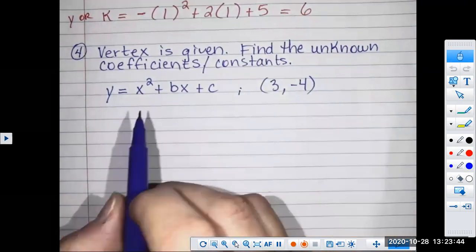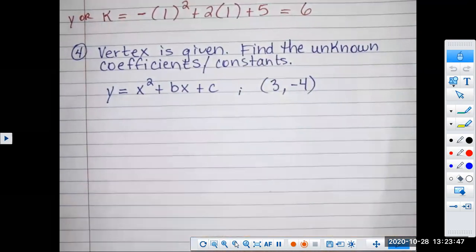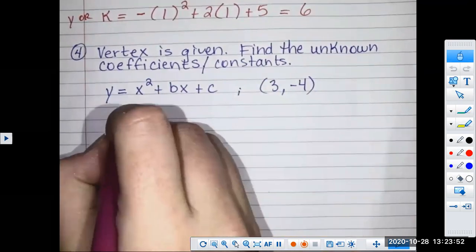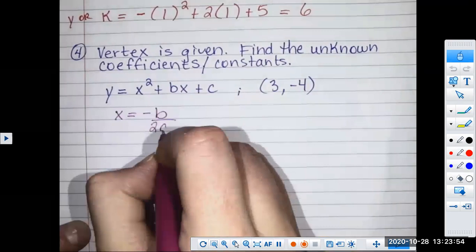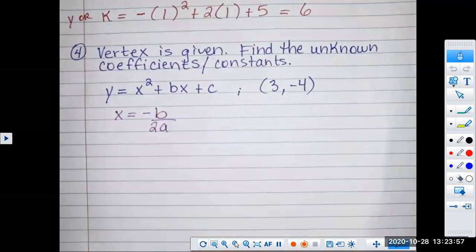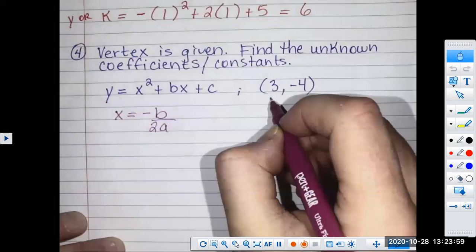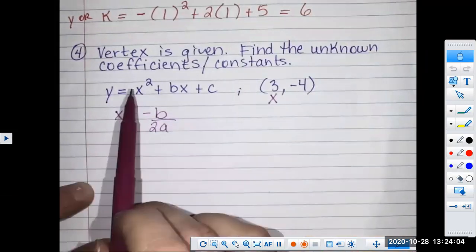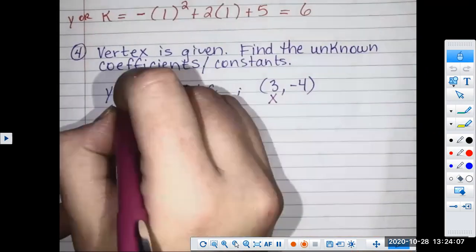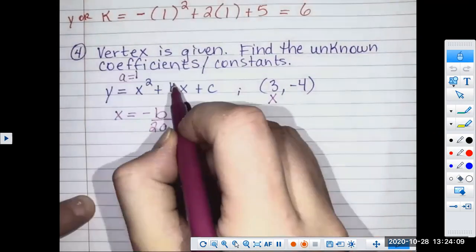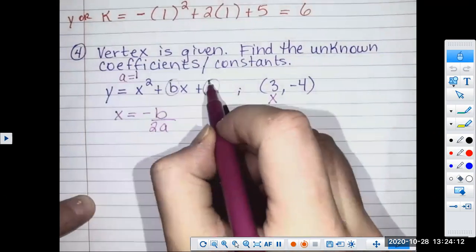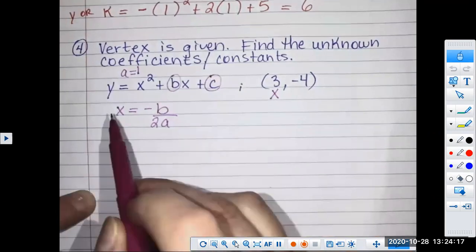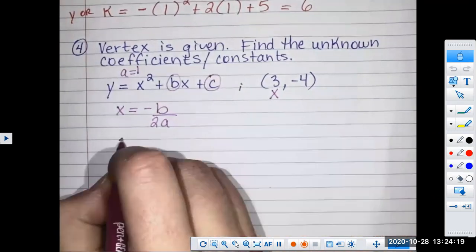Okay, how do you find your vertex from this form? You got negative b over 2a, and they actually give you this is your x or your h coordinate, so you're working backwards. What is the value of a? A is 1. We're trying to figure out b, and we're also trying to figure out c. And they tell you that x is 3, so just plug in what you know.